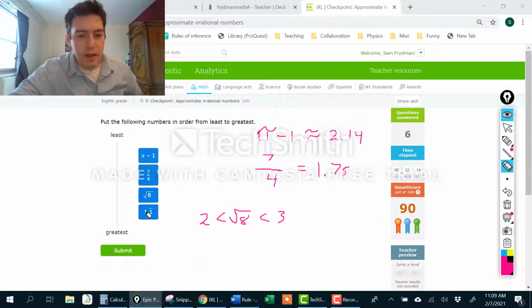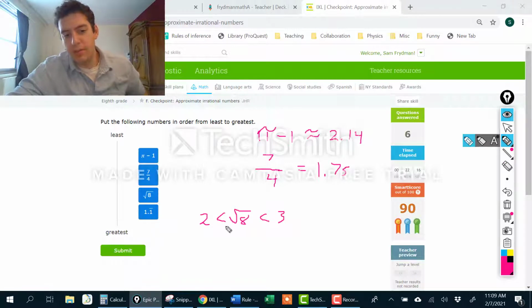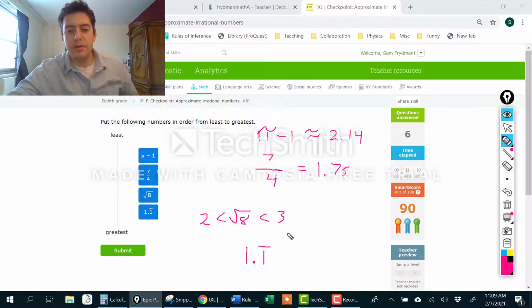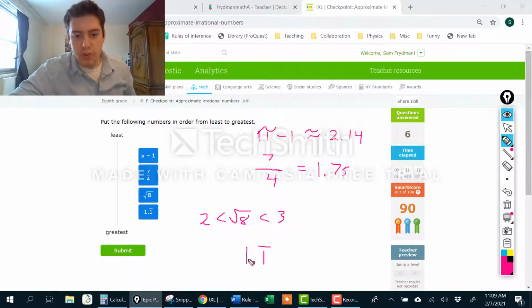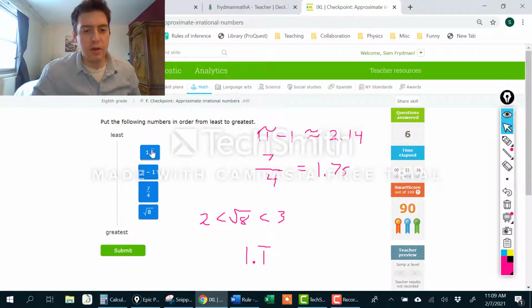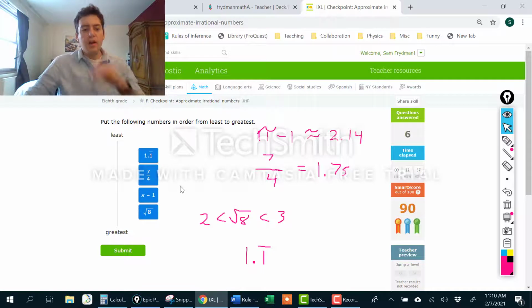All right, and then I have 1.1 repeating, which is just 1.1 repeating. Okay, so these are the 4 numbers that I have. Out of these, the smallest one is 1.1 repeating. So let's put that over here near where it says least. The next biggest one is 1.75, so 7/4.